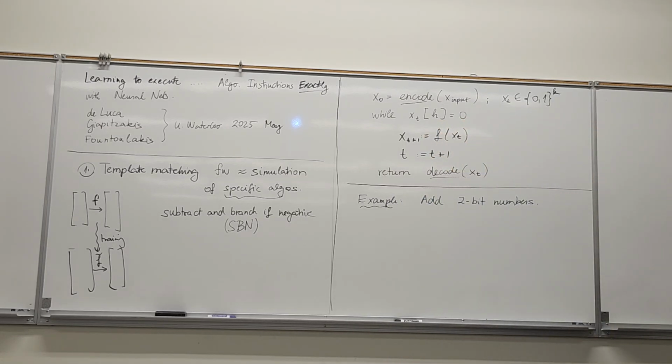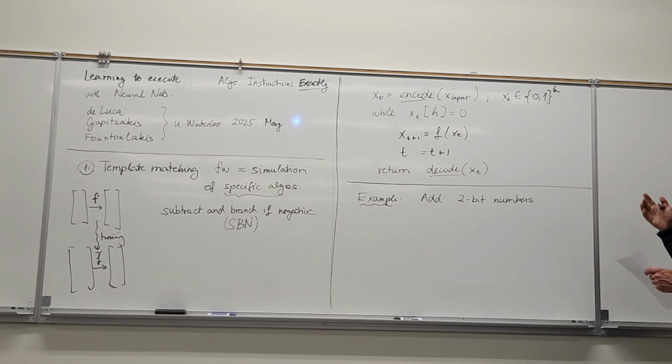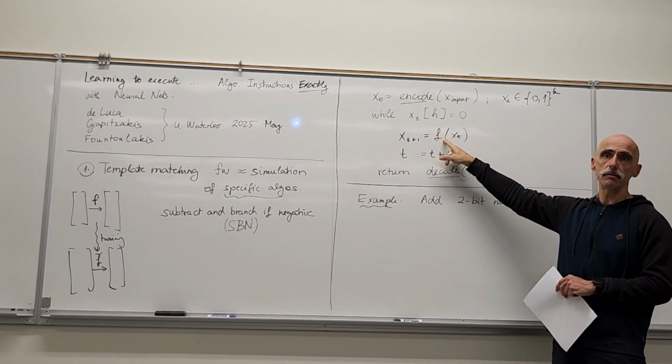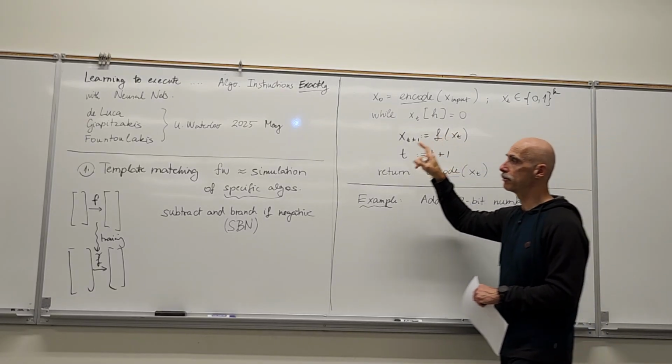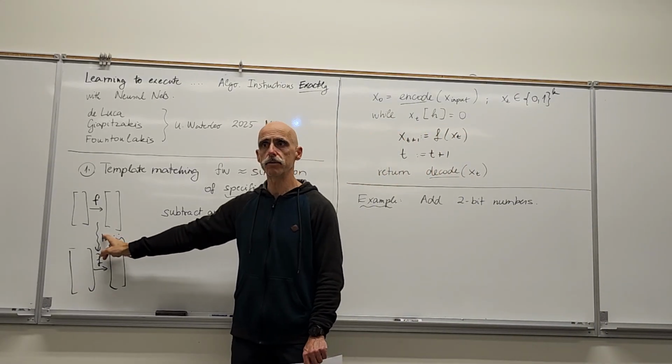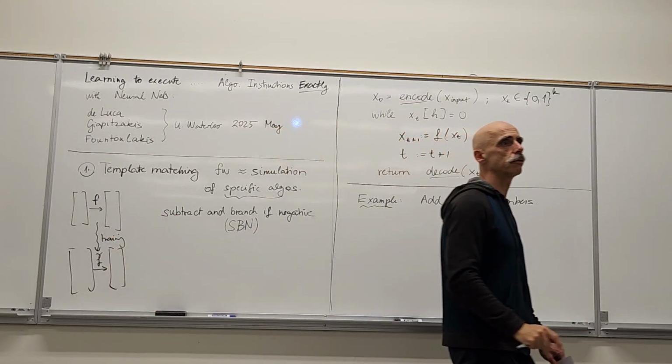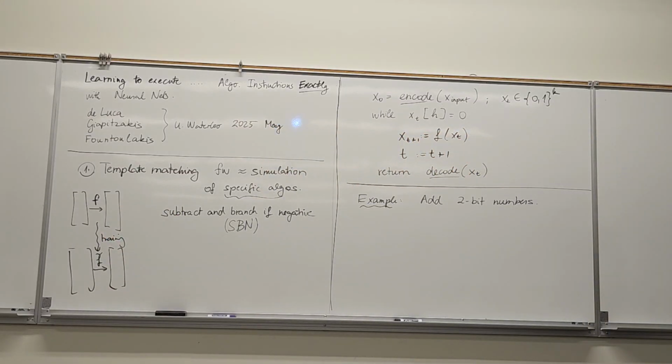But before that, I want to introduce the general form for this map F that we will be allowed to use, which will be friendly to this training procedure. That's kind of, I think, the key innovation of this work, that they introduce this specific form.